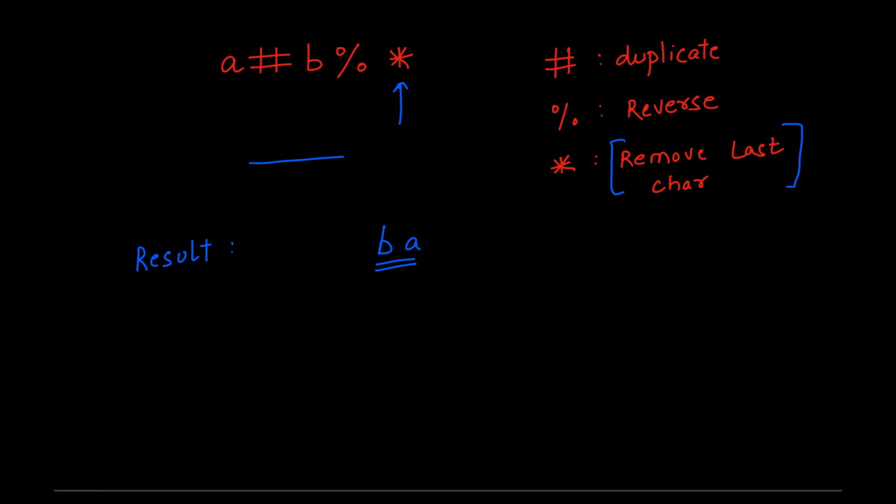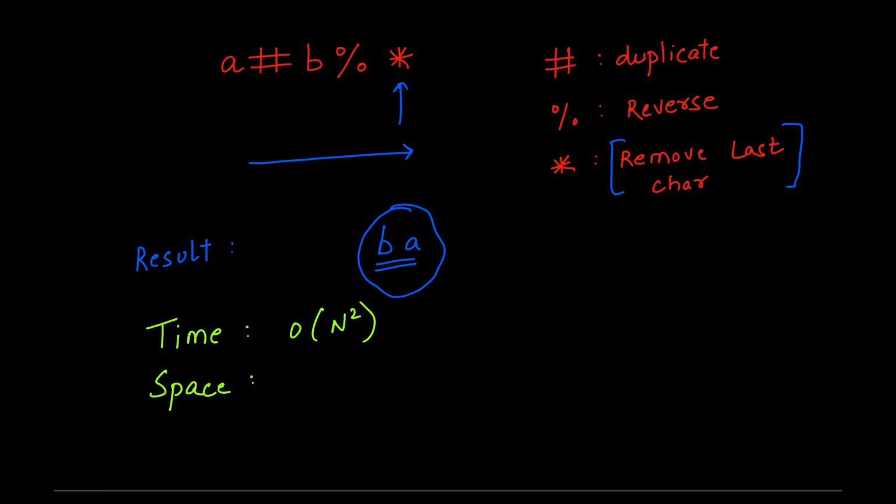And as we have iterated through all of the characters in the input string and applied the respective operations, the output will be BA. The time complexity of this solution is going to be O of n square in the worst case scenario. This is because we are applying two operations: one is to duplicate the entire string and the other is to reverse the entire string.